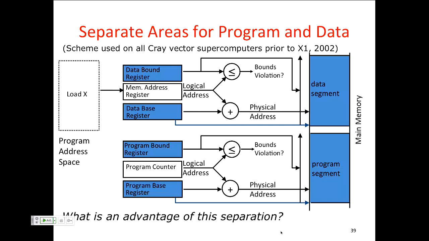That's true, yeah. So multiple programs on the same machine can share their code. For example, if you have library routines, you can put them into one place that you access from all the different applications at the same time, and that's protected with this program base register and program bound register. And then every program gets their own data segment.